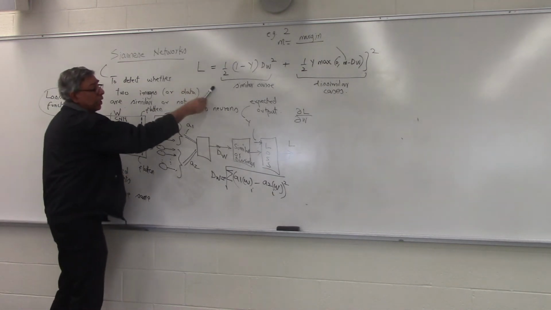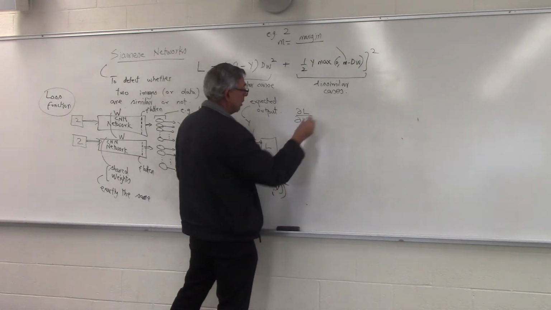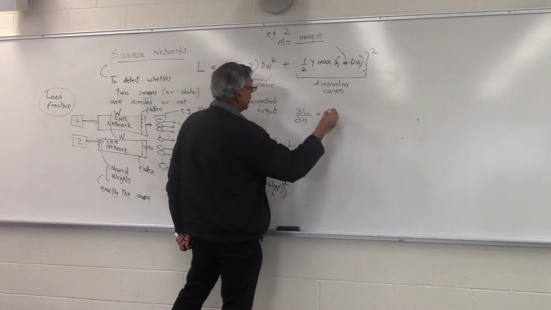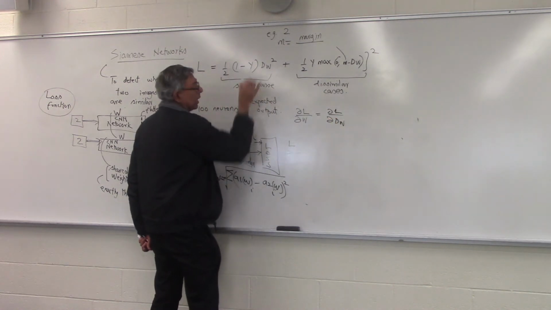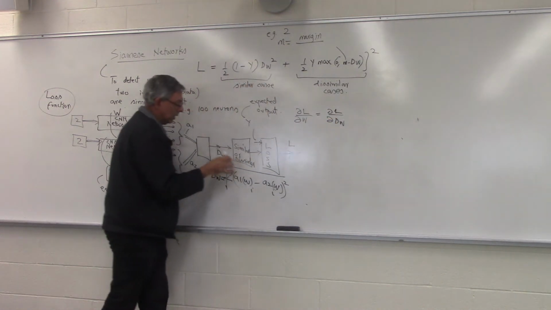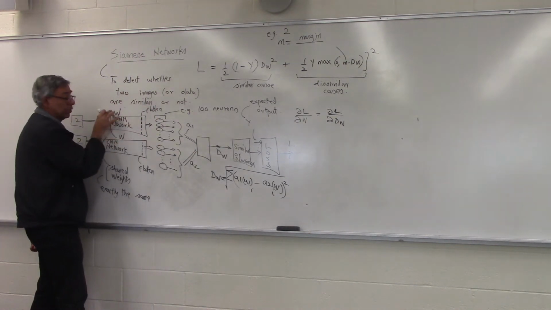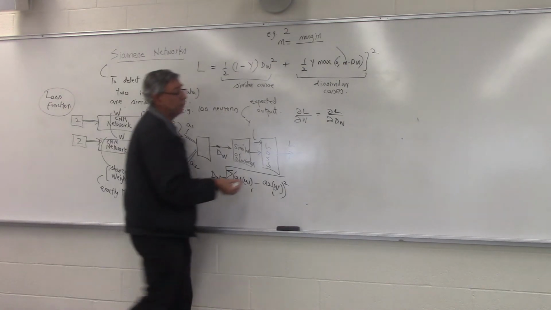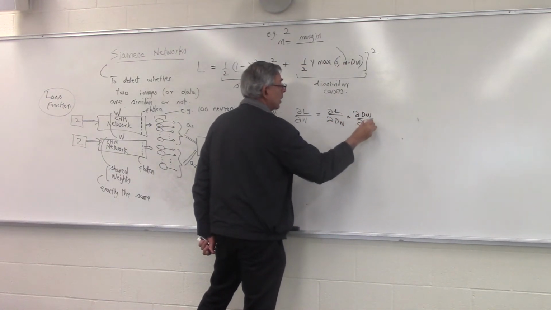For the similar case, partial L over partial W will come out to be partial L over partial dW, right? And dW is a function of A1 and A2, which are further a function of the weights. So further we have to multiply by partial dW over partial W, right?